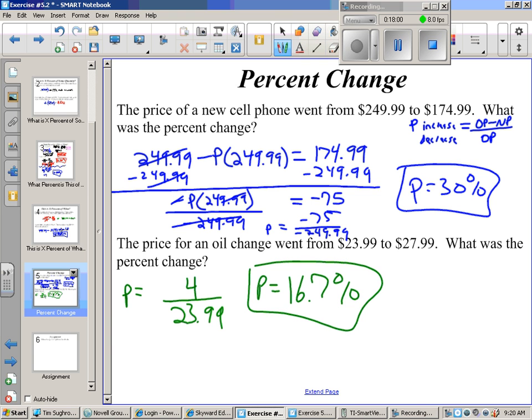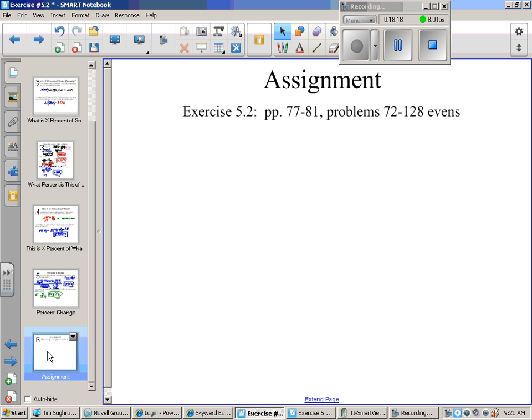Okay. To find a percent change, just find the difference in the two values and divide by the original value, and it will work every time. So if you want to do it in a nice, quick, two-step process, that will work every single time. Okay? Questions on that? Here's the assignment. Write that down quickly, and then we'll put yesterday's answers into the clickers.